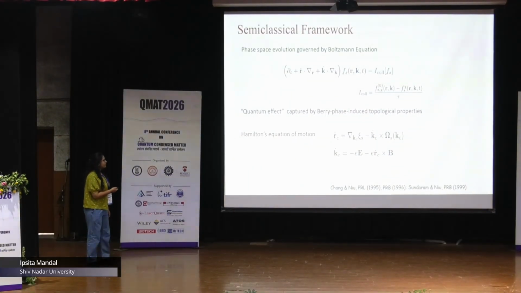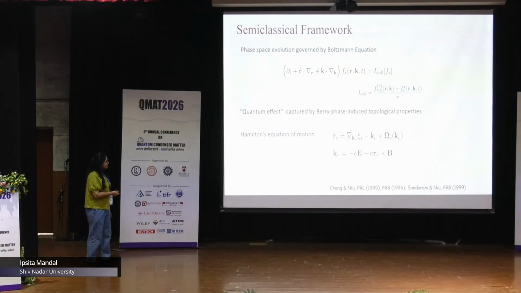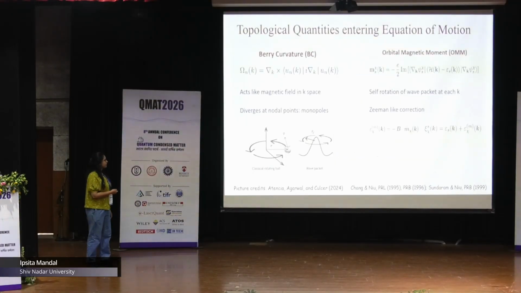The quantum effects are captured by the Berry phase introduced topological quantities, which are Berry curvature, and I will introduce another quantity which is the orbital magnetic moment. The interesting thing is this: without the Berry curvature this term would not be here in this Hamilton's equation, which we in turn feed into the Boltzmann transport equation. So this is the backbone of everything that I will show you today.